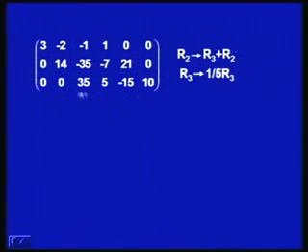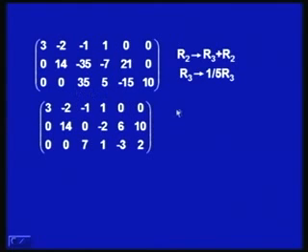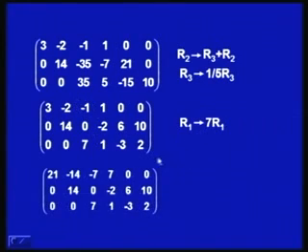So when you add the two, this will become 0. R3 is again 1 by 5 R3, so that becomes 7, and we apply another transformation. R1 is 7 times R1, so that this will become 0. In the next step, when we add R2 and R1, this will become 0.